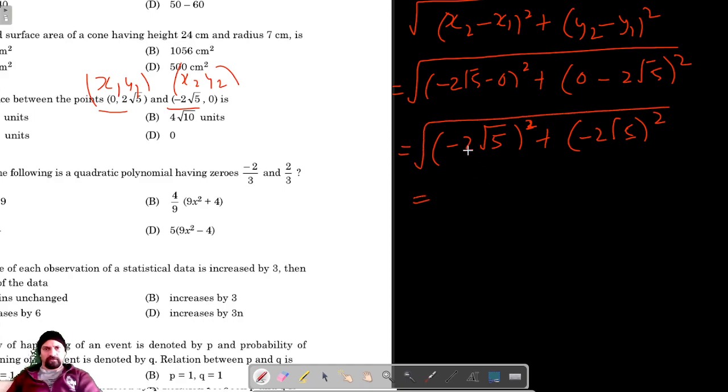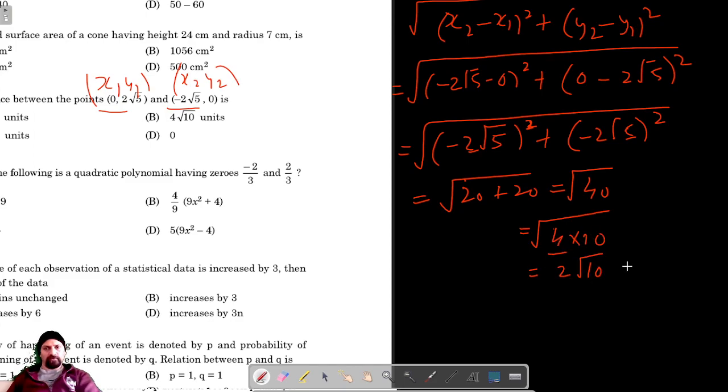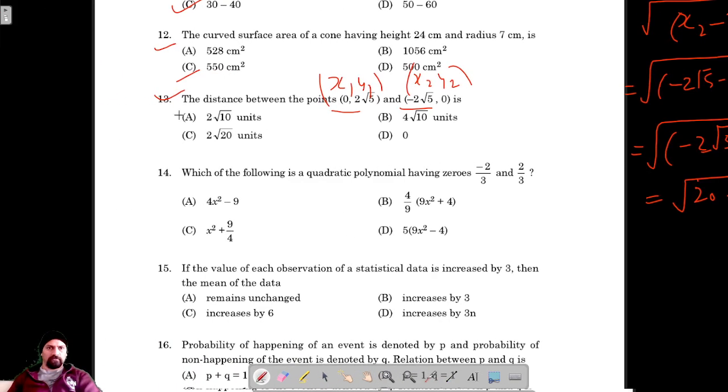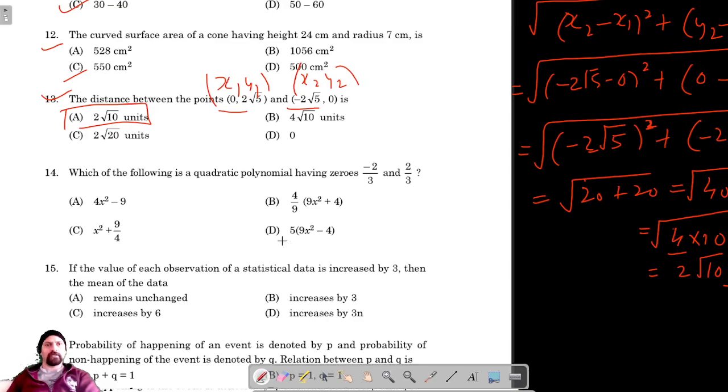This is 20 and 20, which is the square root of 40, and the square root of 40 is the square root of 4 into 10, and root of 4 is 2, so this is 2 root 10 units. That is option A.